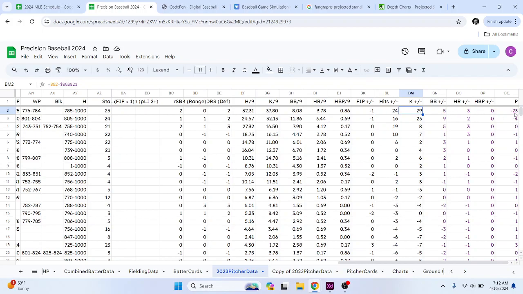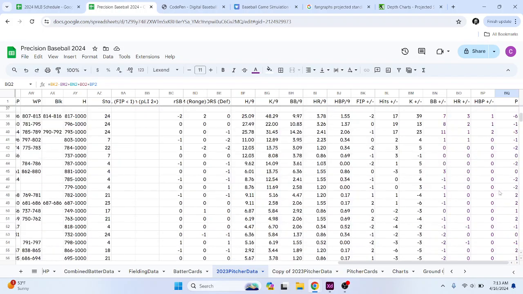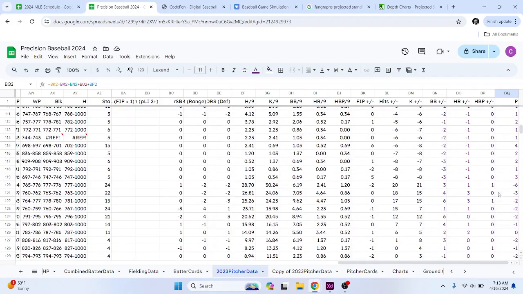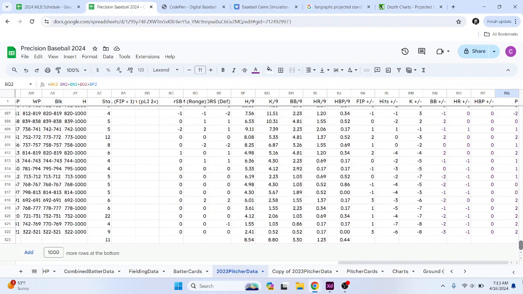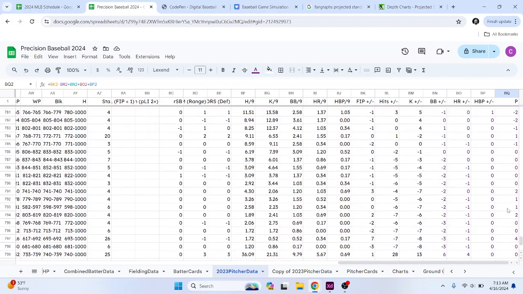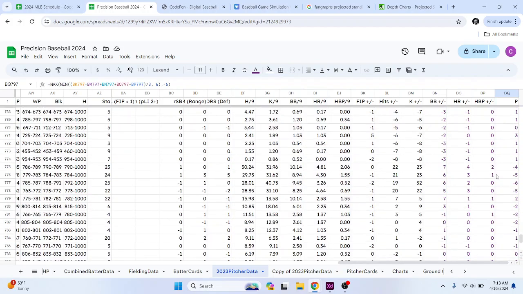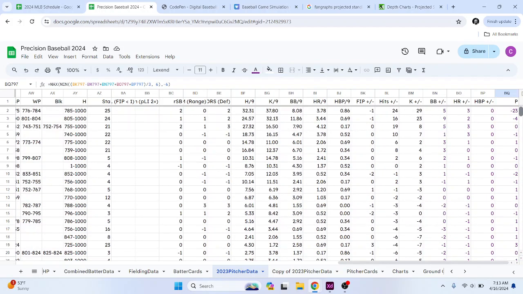But then you've got all these other numbers, so you get a minus 23, and that on a scale of a 1 to 20 roll, that just doesn't work, right? So we were getting these huge numbers, plus and minus. There's some guys with huge plus numbers. We got some guys down here with +2. Here's a +4. So if my guy Zach Gallen up here is a +4, you can imagine that that's like a +18 or something like that, +20.